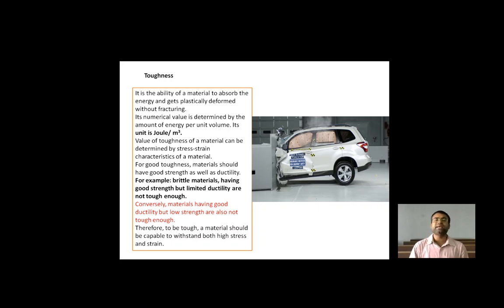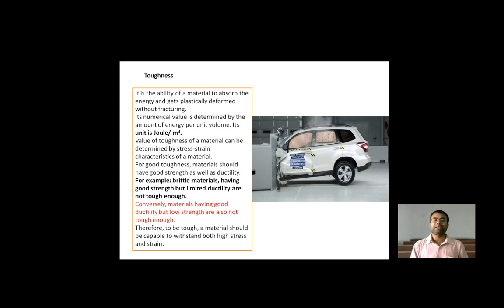So what is written here? It is the ability of a material to absorb energy and get plastically deformed without fracturing. Right? So this figure is also showing a crash test, an impact test of a vehicle, which needs to sustain that impact loading, meaning to absorb the load when the impact load is applied on it.